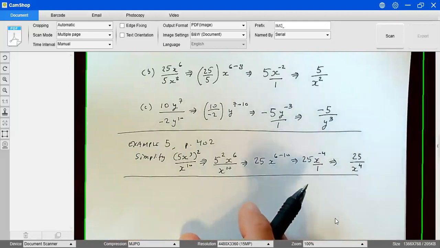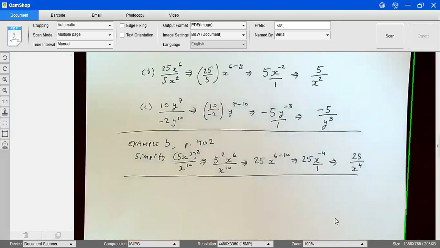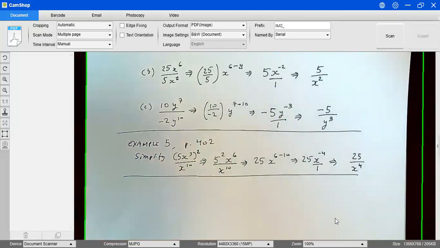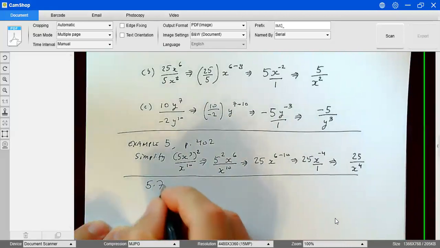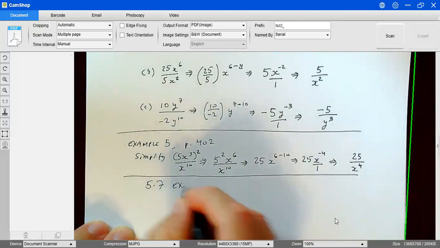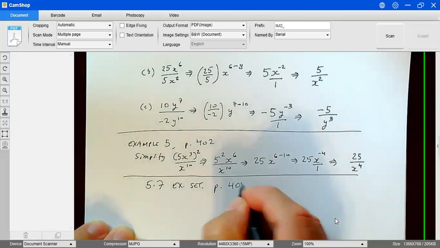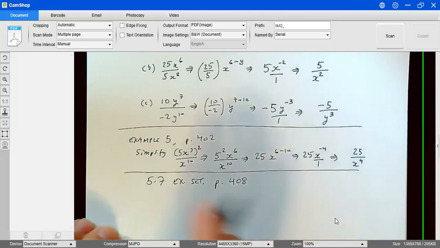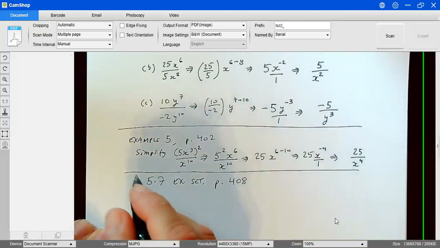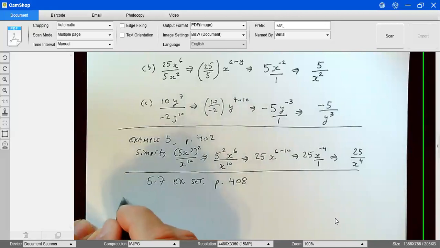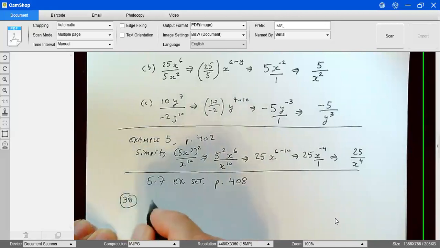Then you're going to need now to work some exercises in the exercise set. And then we're going to start with scientific notation. So we have 5.7 exercise set on page 408, and you're going to work these 3 problems. So you're going to work problem 38.